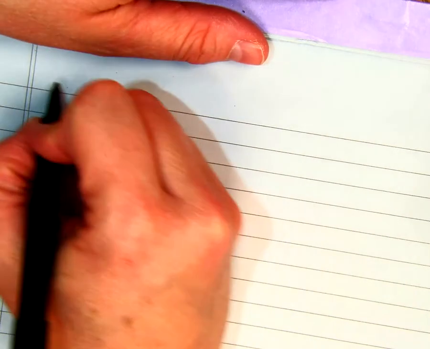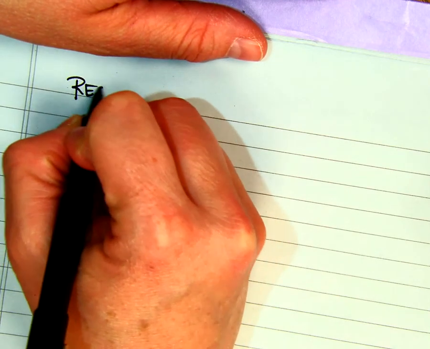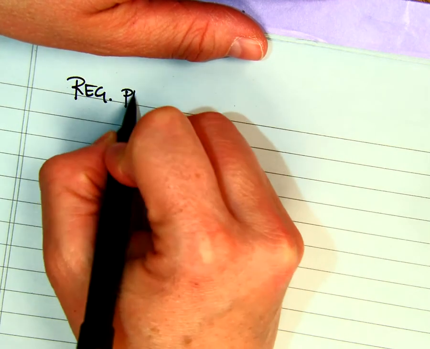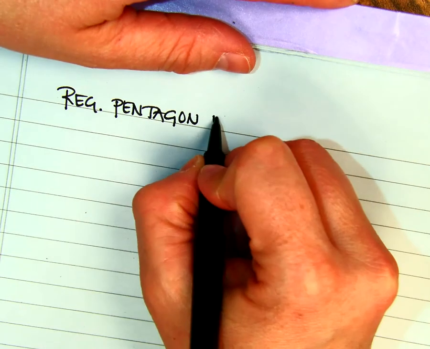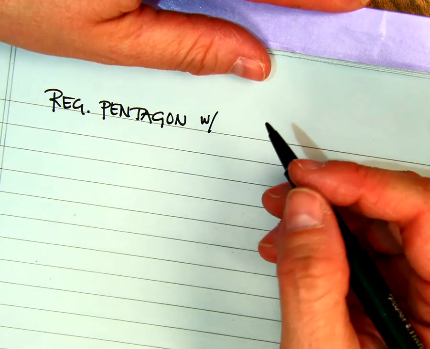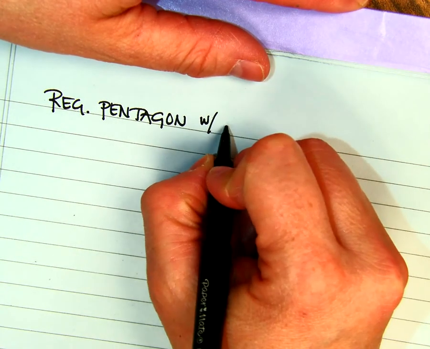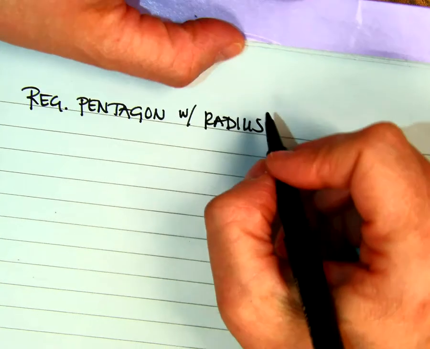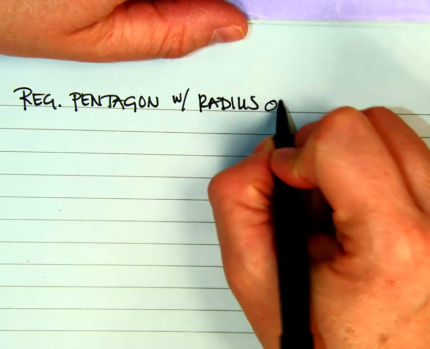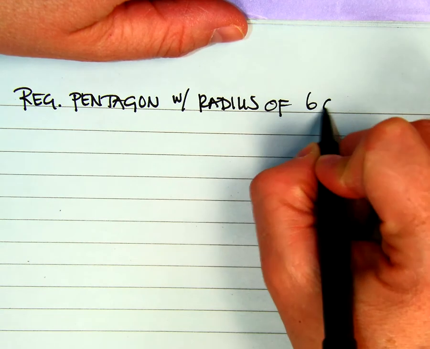So let's do another one of those. A lot of times I don't even draw the whole diagram. So if I'm trying to find the area of a regular pentagon, we'll do with a radius of 6 centimeters.